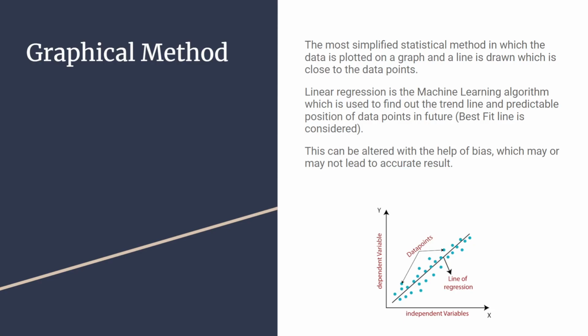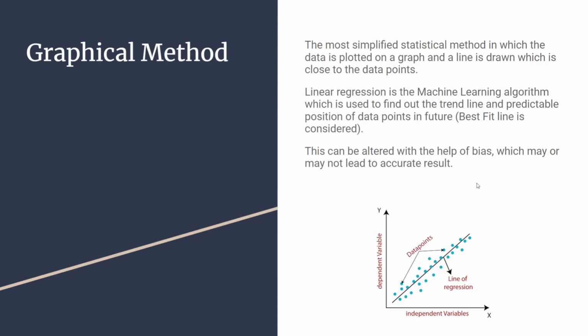Graphical method is nothing but representation of mathematical data in a 2D lattice or something like that. So that's what graphs actually mean. And the graphical method is nothing but plot data on the 2D space.